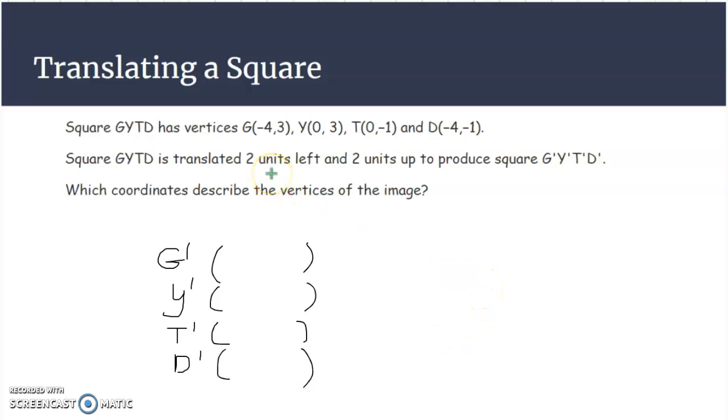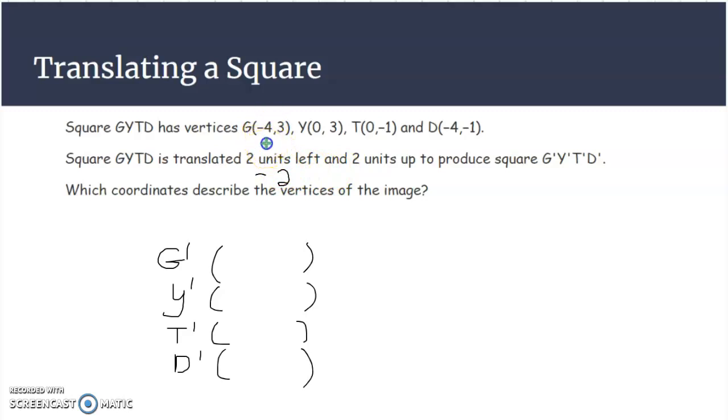So if we're going to go 2 units to the left, that refers to the x coordinates of those points. And going left on the x-axis is like subtracting 2. So each of the x coordinates we need to subtract 2.